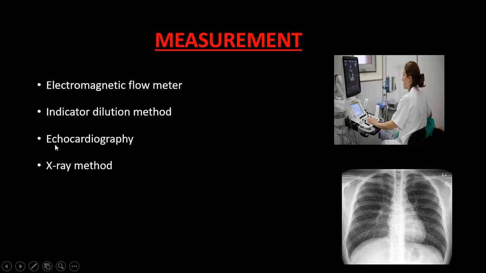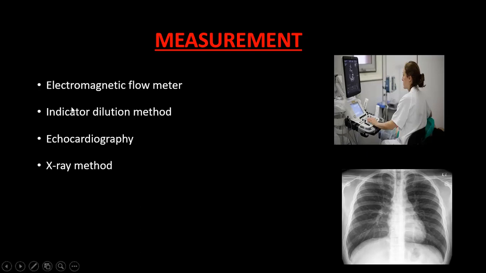The next one is echocardiography. It refers to the ultrasonic evaluation of cardiac functions. It is useful in detecting valvular lesions and to detect the size of chambers. The next one is indicator dilution method.